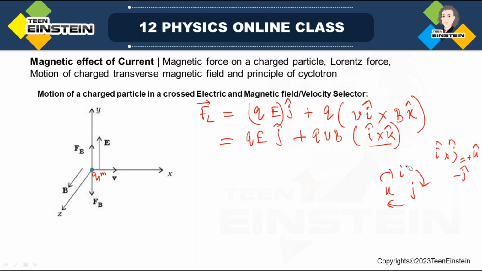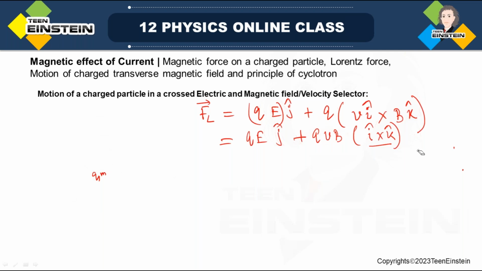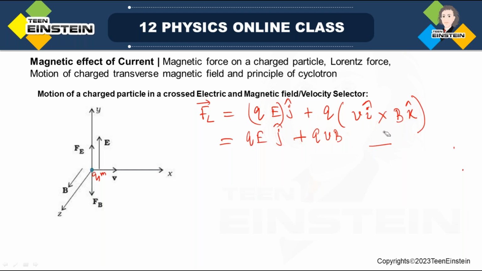So the magnetic force, look here, will be acting along the negative j cap.